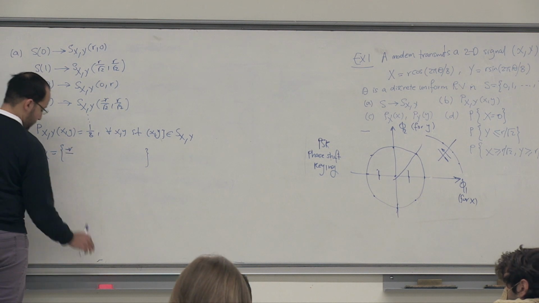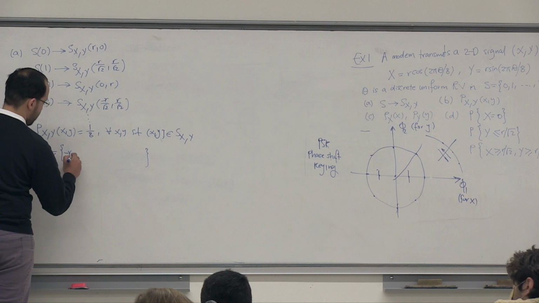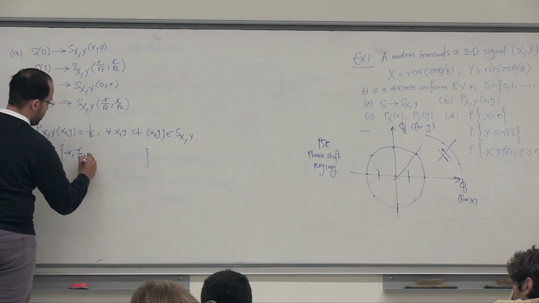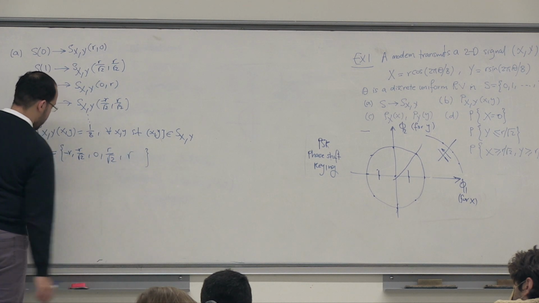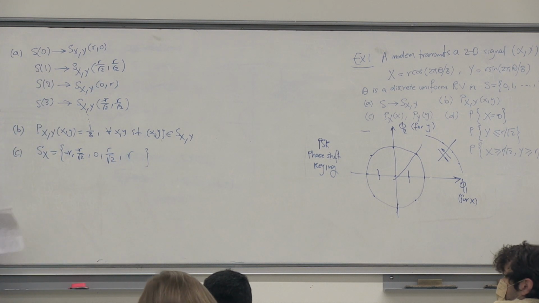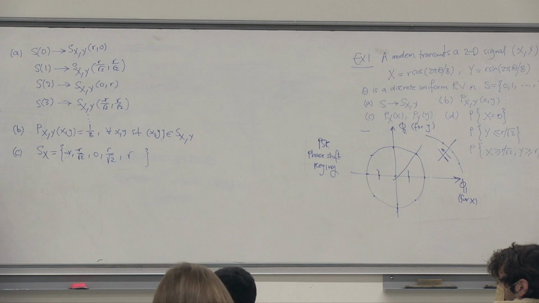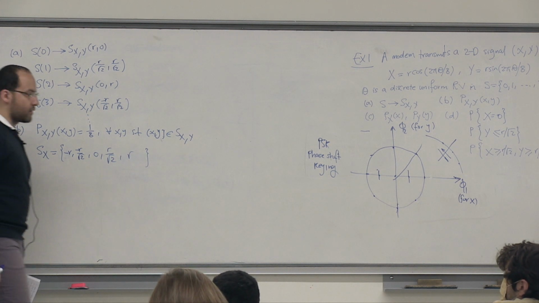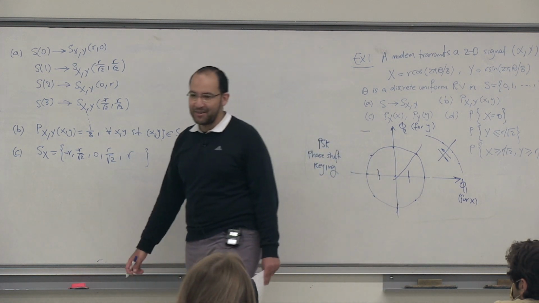Exactly, minus R. Minus R is the smallest, actually. Or minus R over square root 2, 0, R over square root 2, and R. Is there any preferential treatment among these points? Are there some points being repeated? Oh, in this case, yeah, this is tricky.